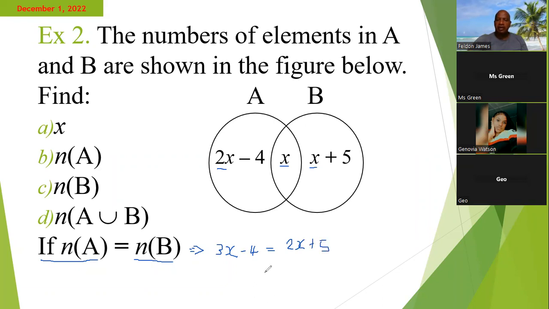Now you use this to solve for x. Bring all the x's on one side. So over here you get 3x minus 2x. Now this 4, you bring it to the other side, it becomes positive 4 plus 5.